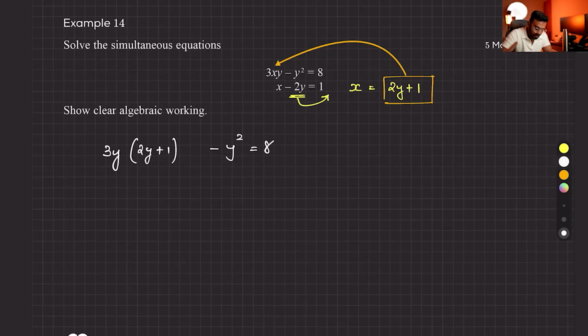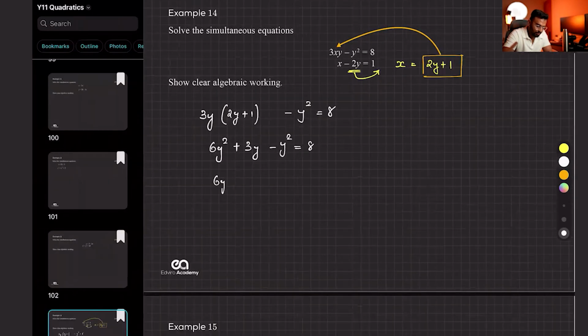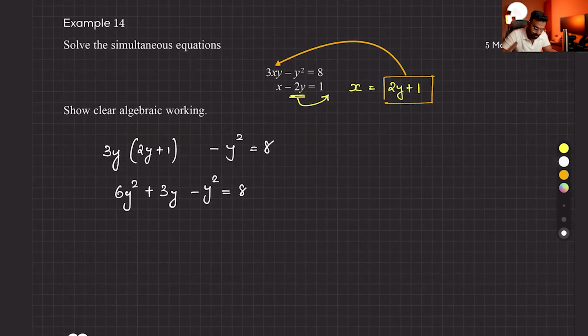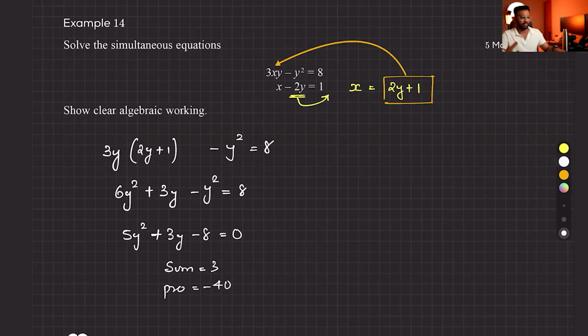So we could write here 6y square plus 3y minus y square equals 8. Oops, sorry. This would become 5y square plus 3y minus 8 equal to 0. Now you can solve it. All right. So the sum is 3, product is minus 40. What are the numbers, guys?